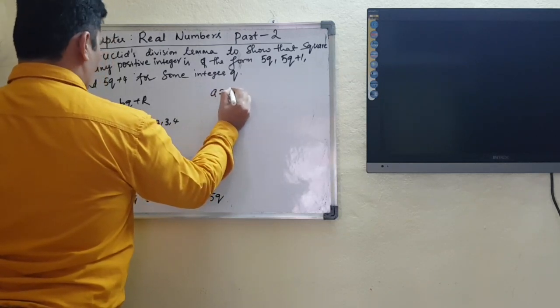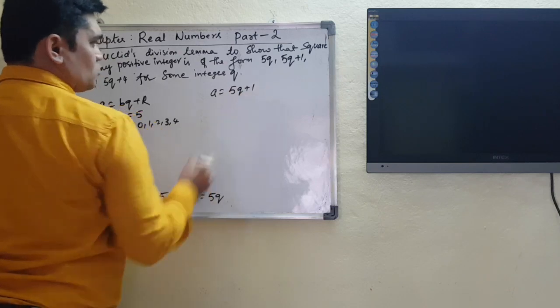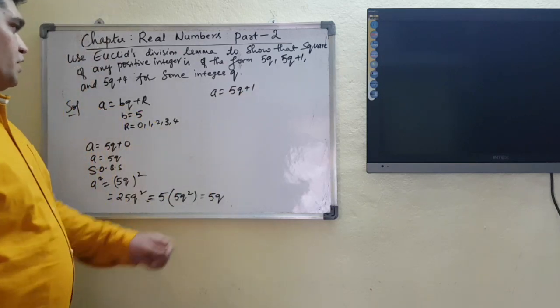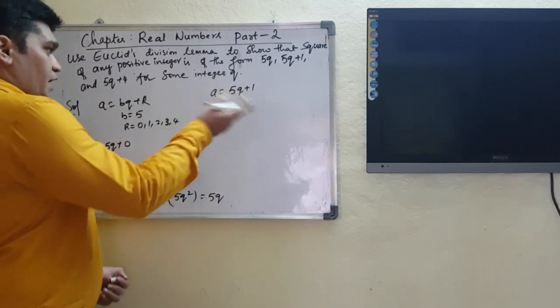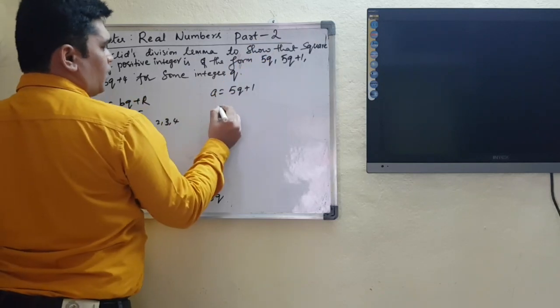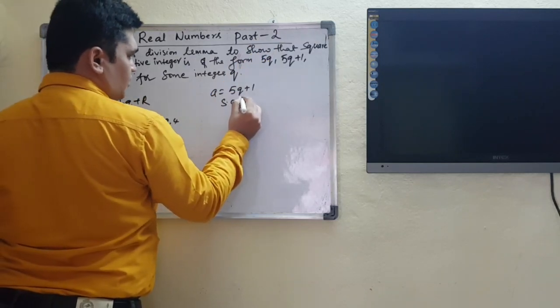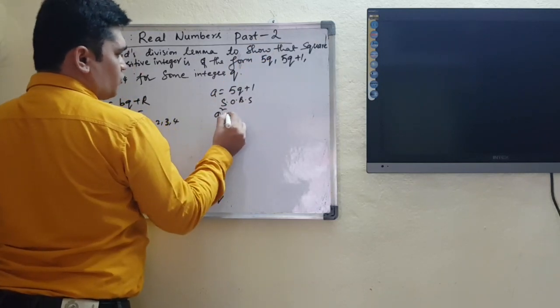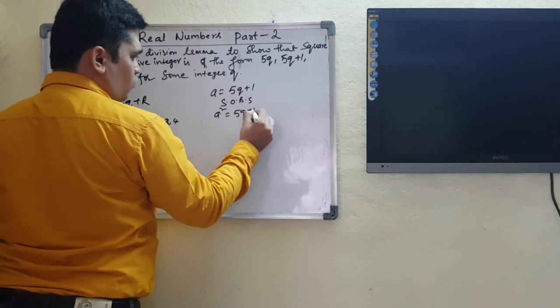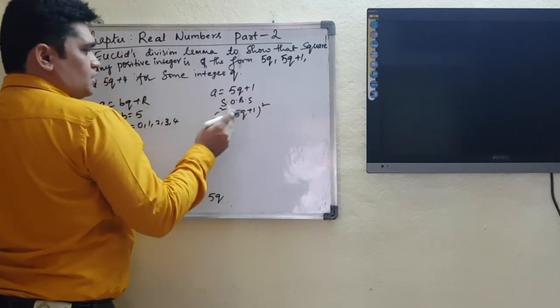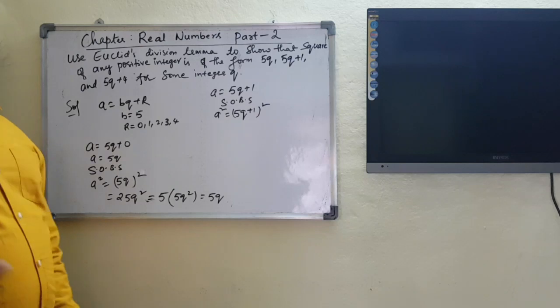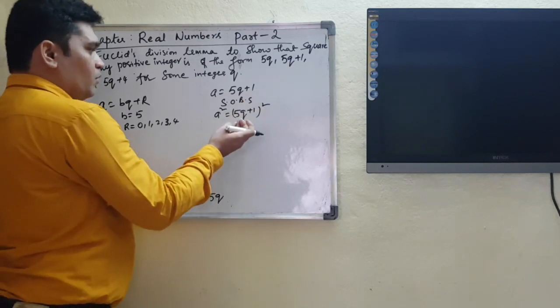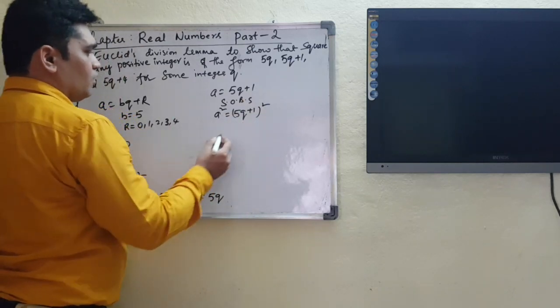A equal to 5q plus 1. If you check it again here, same, since it is asking squaring on both sides, it will be a square equal to 5q plus 1 whole square. Since everyone knows what a plus b whole square is, use the same formula to expand this 5q plus 1.